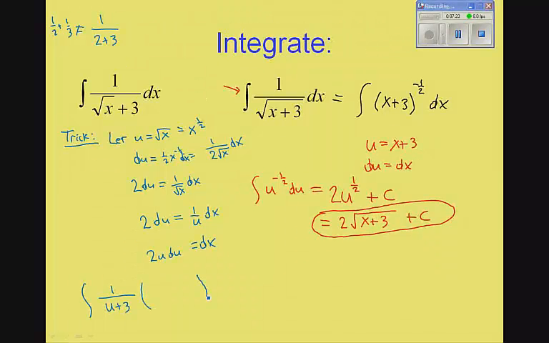And where it used to say dx, we figured out that's actually 2u du. So let's see if this is going to work. 2 times the integral of u over u plus 3 du.